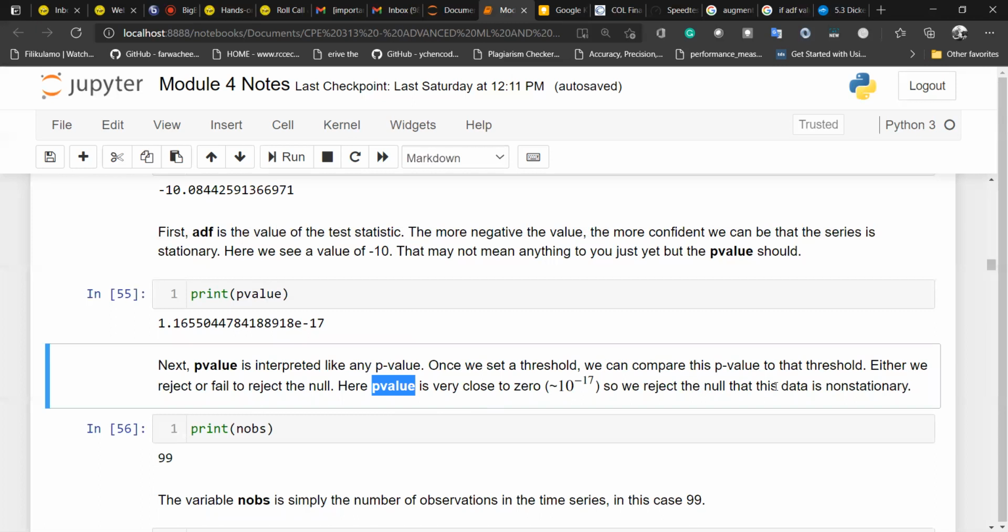And that means if we reject the null, this data is non-stationary. So note that. Now, when we reject the null, we accept the alternative. That's all there is to it.